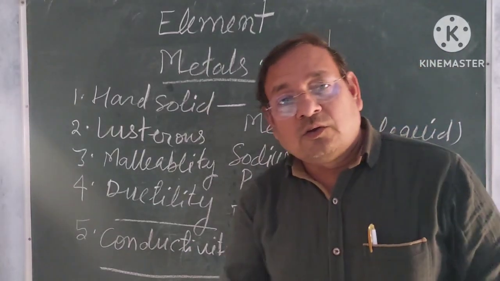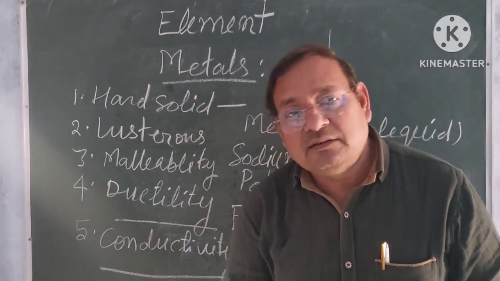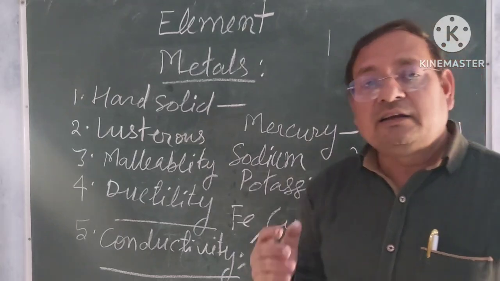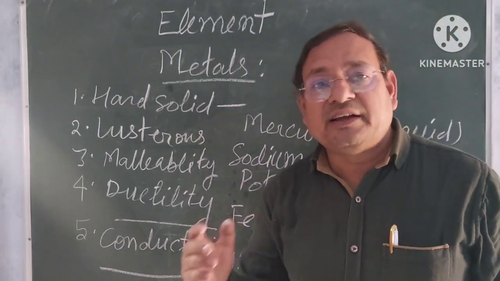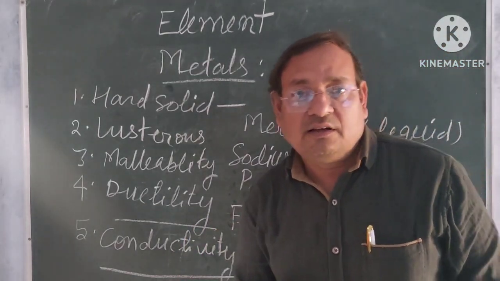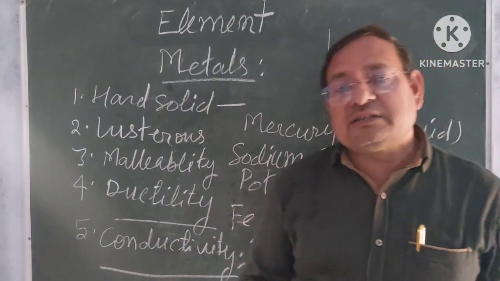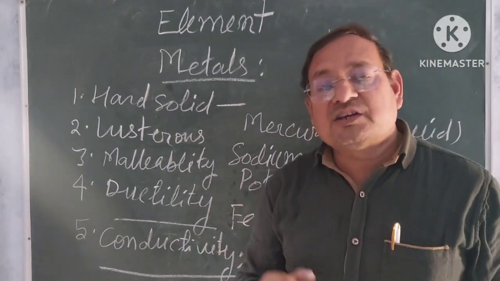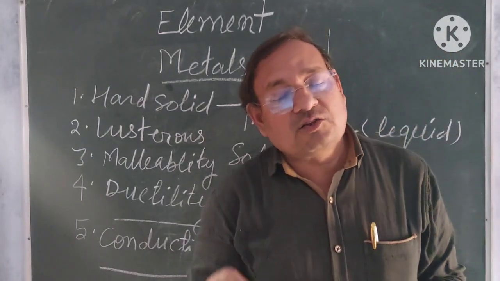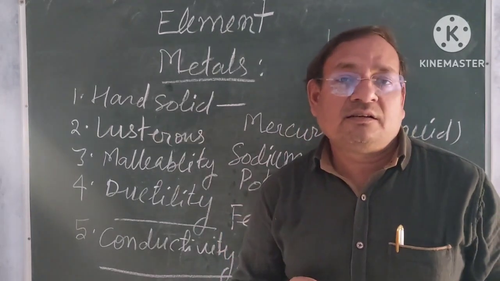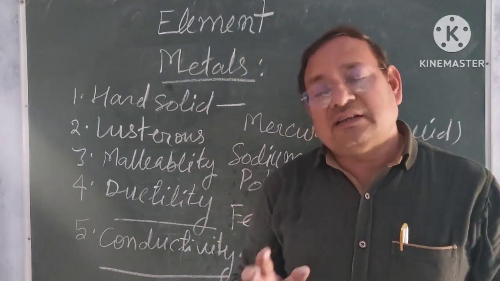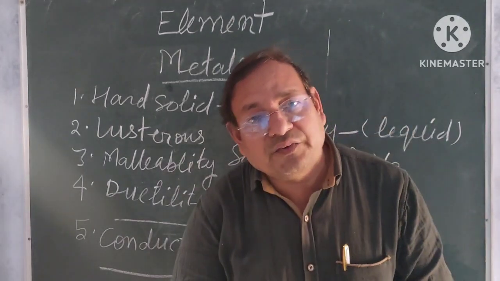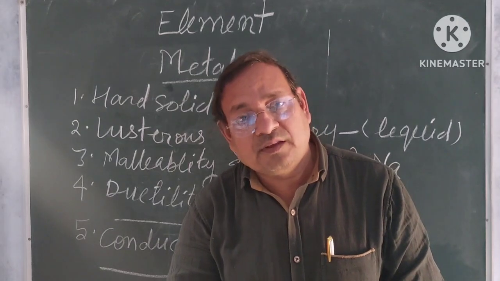So, you can understand metals are generally good conductors of heat and electricity. Exceptionally, sodium and potassium cannot conduct. Tungsten and bismuth are also very poor conductors. But metals are generally good conductors of heat and electricity.